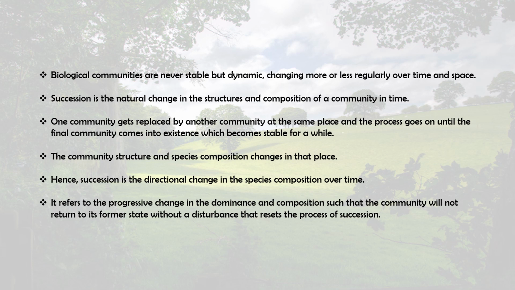So, the community structure and species composition also changes in that particular area where succession occurs. Succession is a directional change in the species composition over time, and it also refers to as the progressive change in the dominance and composition.